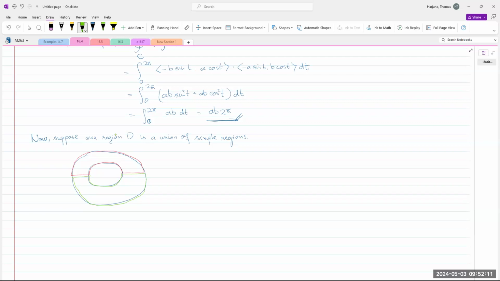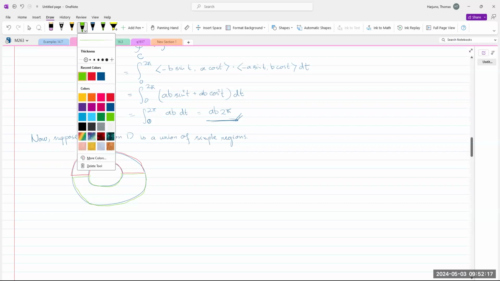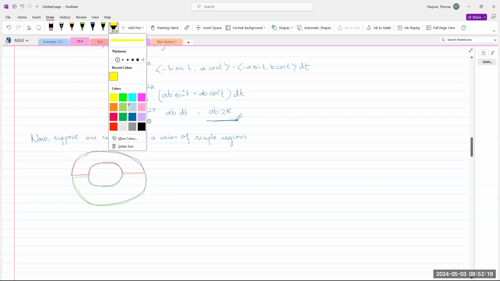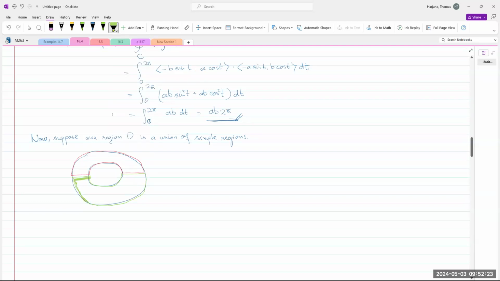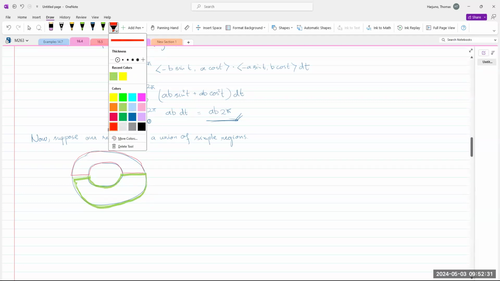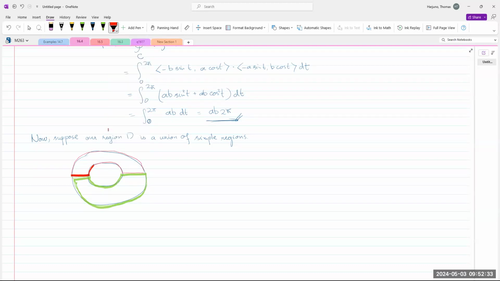Now notice that we will break it, it's basically this kind of path. We end up with this kind of path. This is one of the regions here, the green region, we call that, just for now, and the red region. The red region is enclosed by this red path here, right?